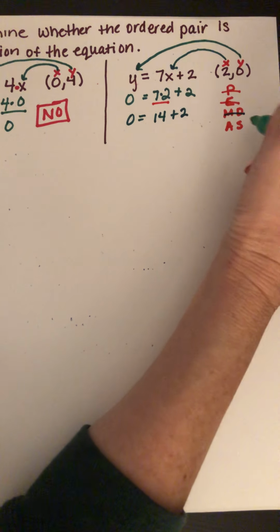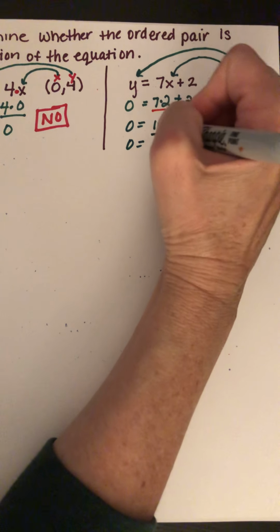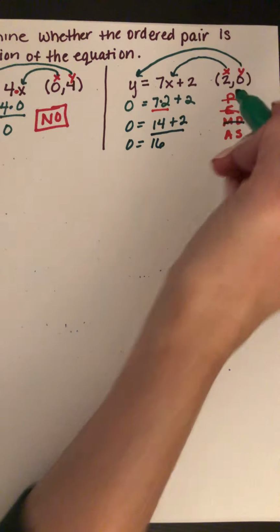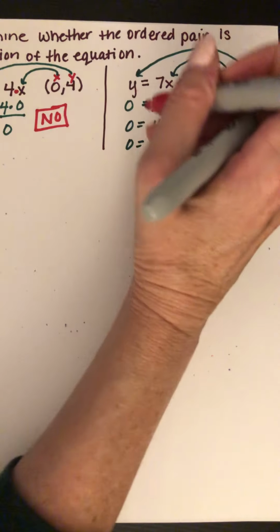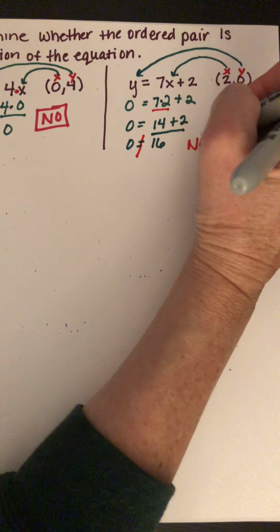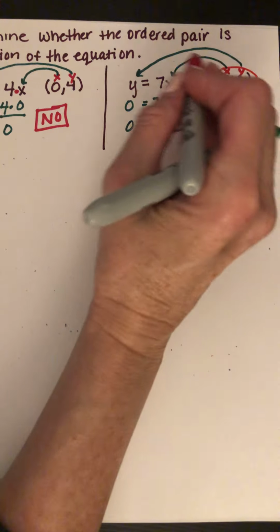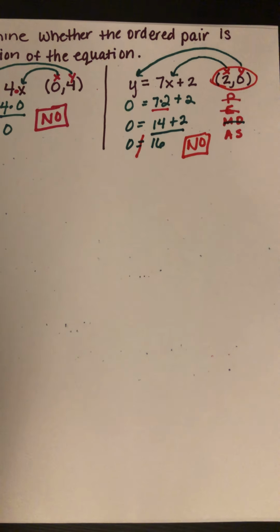Done with multiplying and dividing. Now I can add. 0 equals 14 plus 2 is 16. Is that true? No, 0 and 16 are not the same. So my answer to this would be, again, no. This ordered pair does not fit that equation.